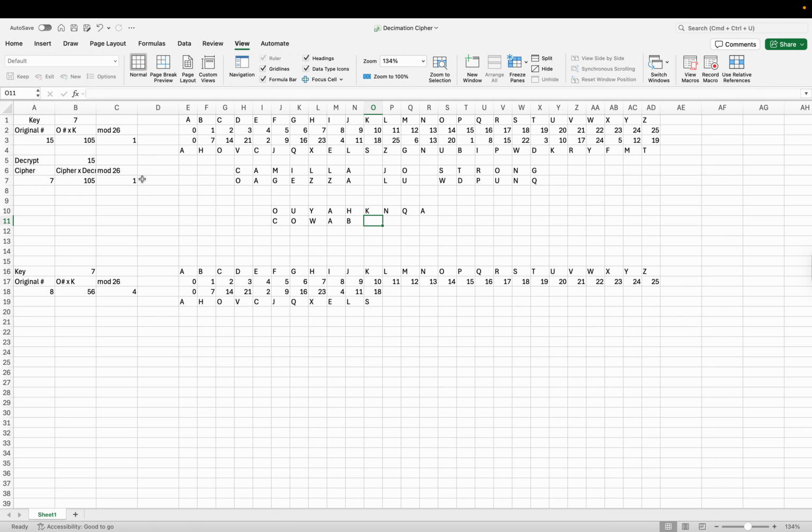K, 10. 20. 20 is U. N is 13, but we know here N is N, so we're going to just plug that in. 16, 6, which is a G. And A is A. Cowabunga.